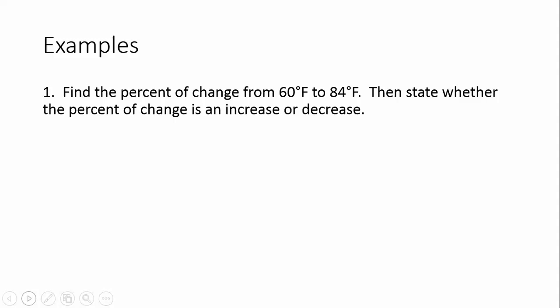So first, step one is to find the amount of change. So we're going to take 84, subtract 60, and we get 24. Step 2 is to actually write the ratio that compares the amount of change to the original amount.